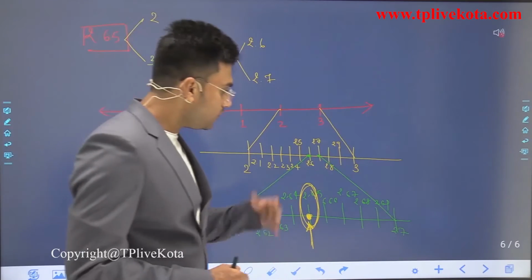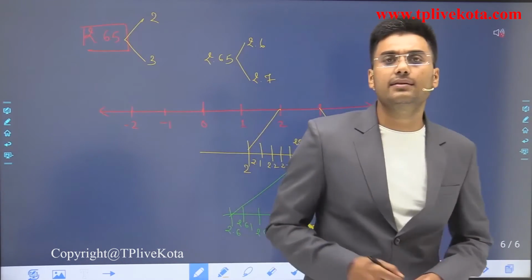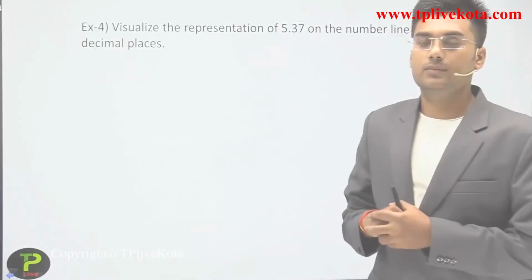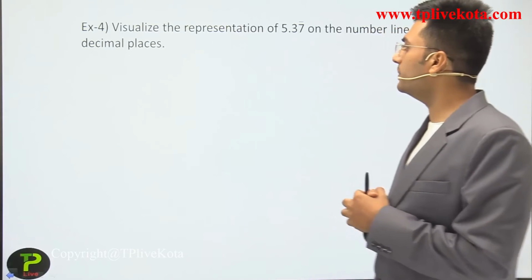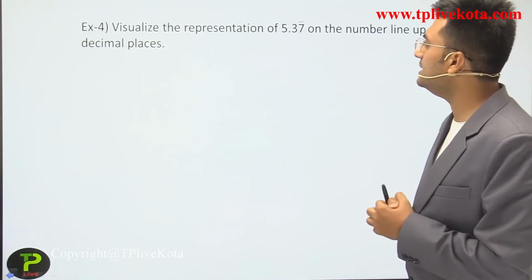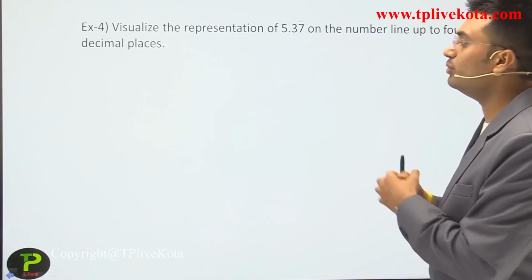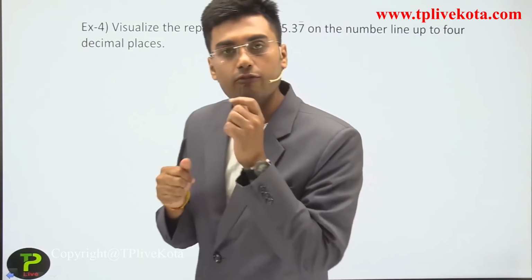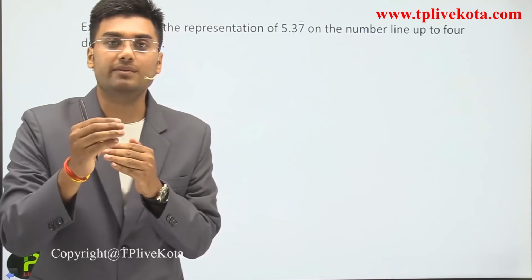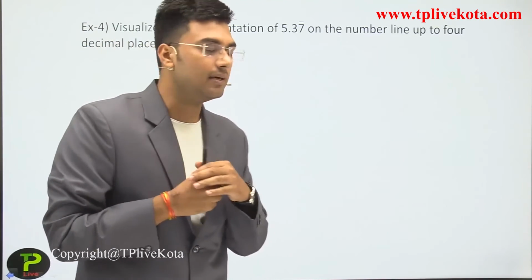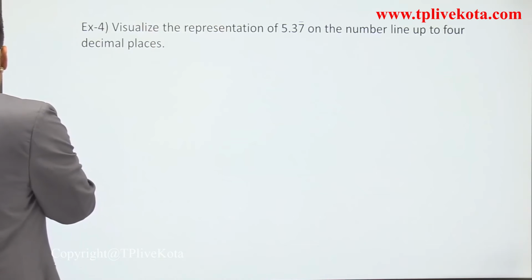For better understanding, let's take some more examples. So now dear students, the next example is: visualize the representation of 5.37 bar on the number line up to 4 decimal places.